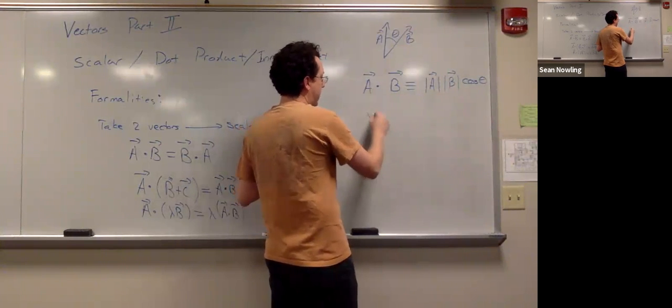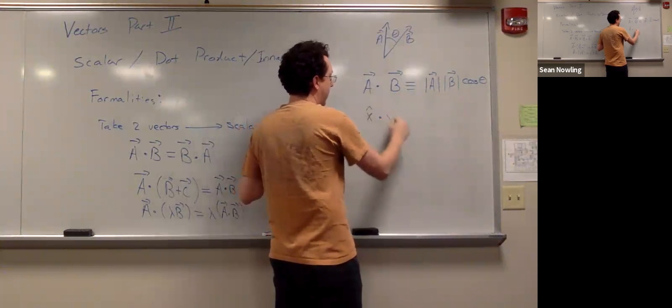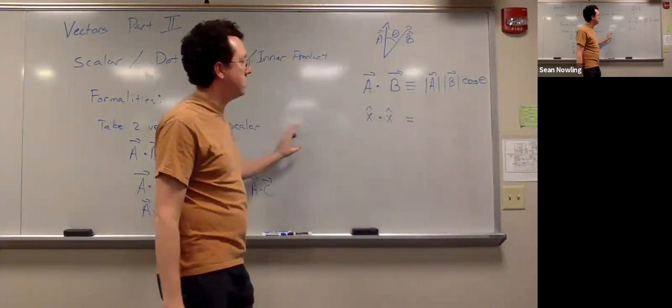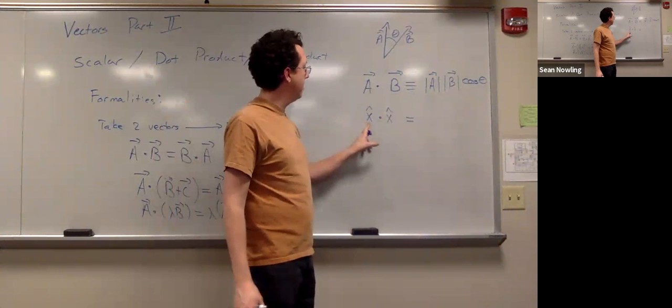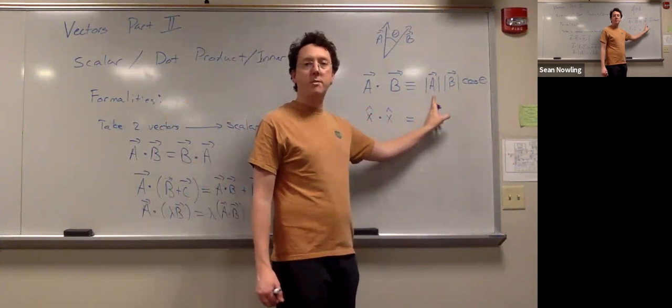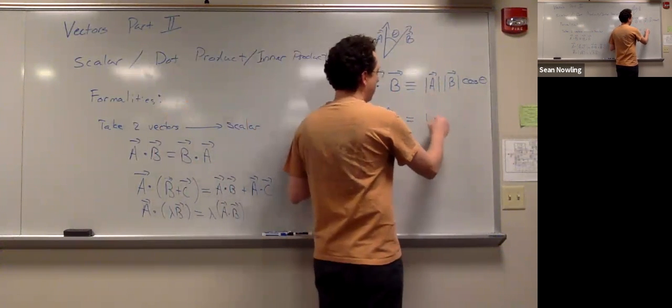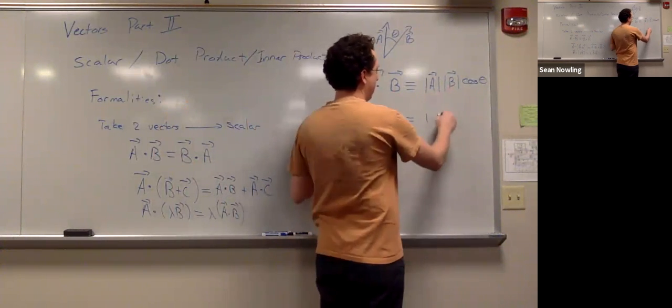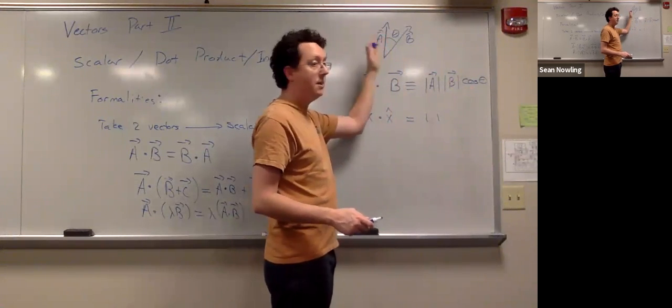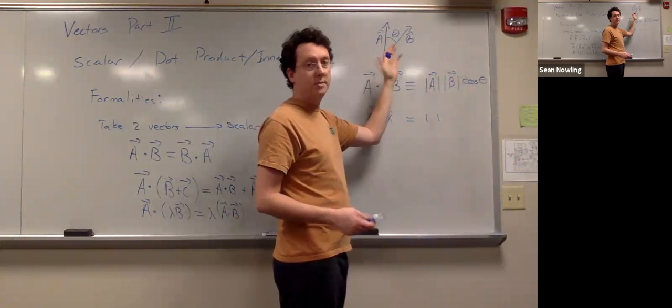So let's try x hat dotted with x hat. Let's just apply the formula. So A will be x hat and B will also be x hat. What's the magnitude of x hat? 1. What's the magnitude of x hat? 1. What's the angle between x hat and itself? 0.